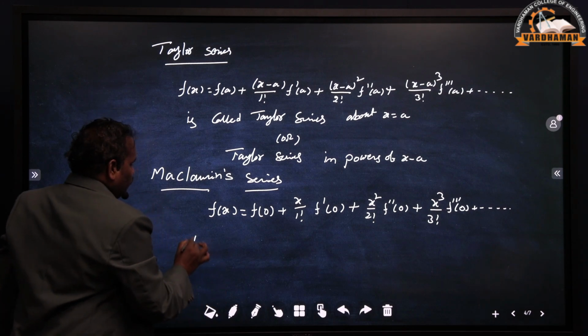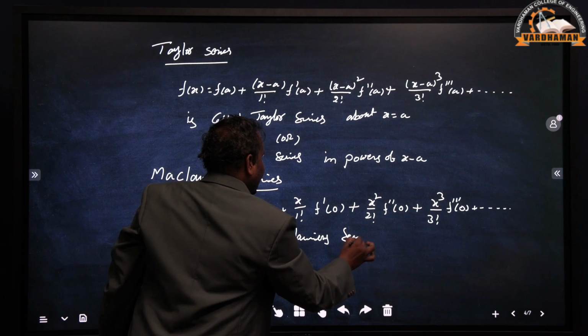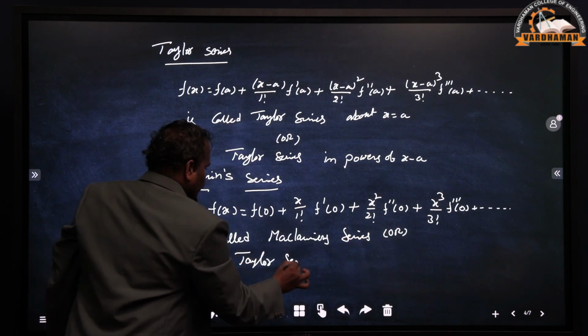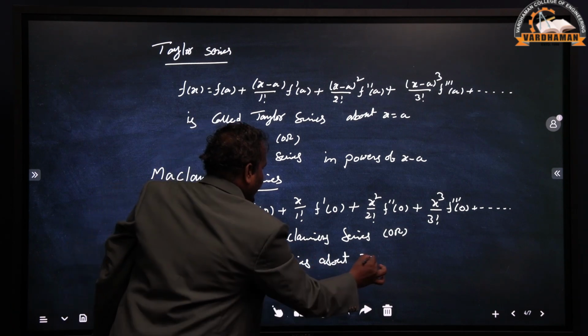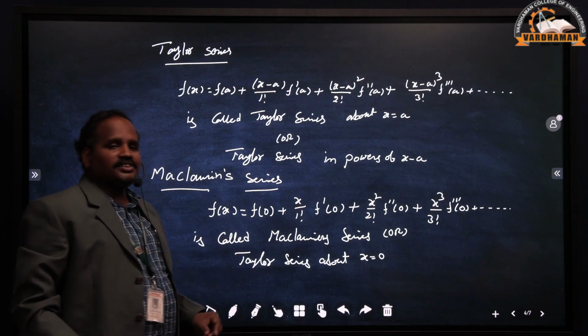This is called the Maclaurin series, or the Taylor series about x equal to 0. These are the two names of the Maclaurin series.